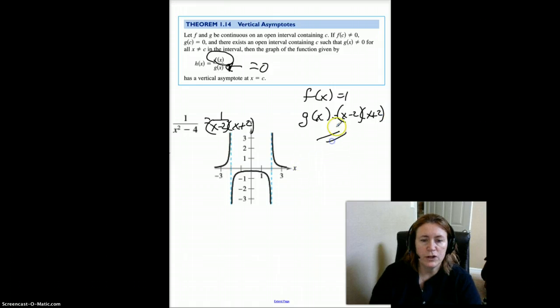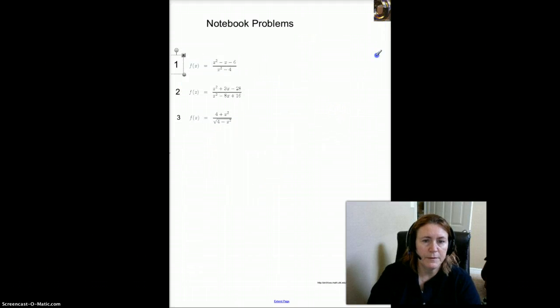Now, wherever g is 0, you have a vertical asymptote. So all of the things we've been saying about the denominator being 0, now we're looking at cases where it is, and wherever it is, you have a vertical asymptote. All right, no big problems. Turn off the video and do these.